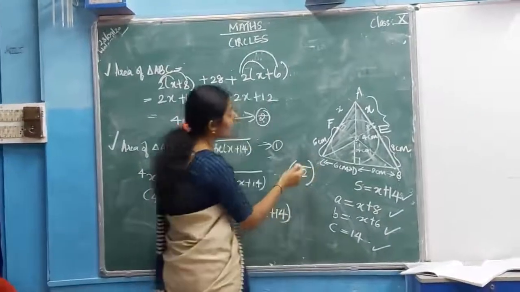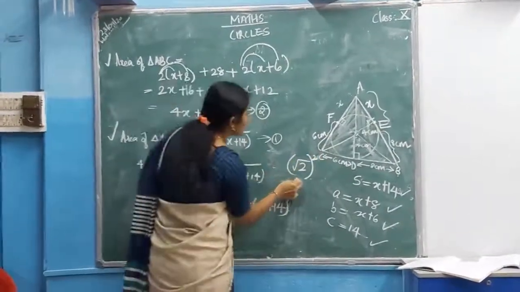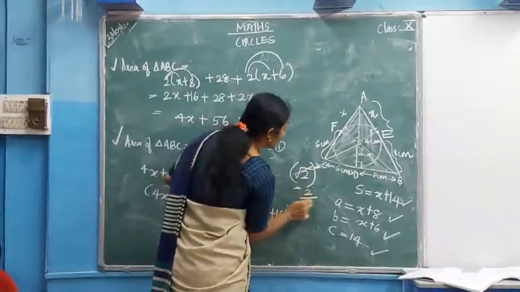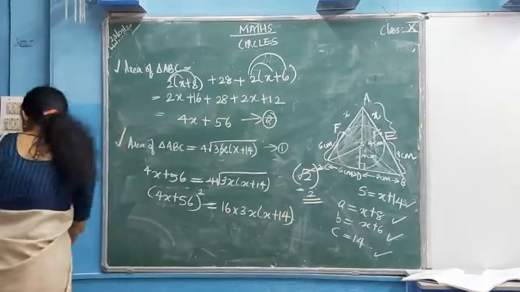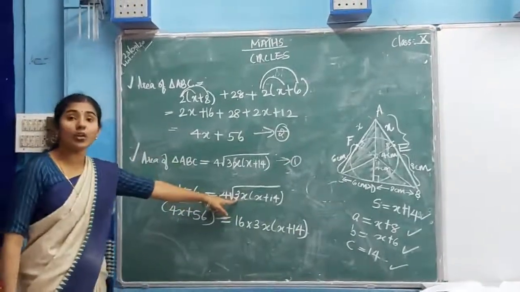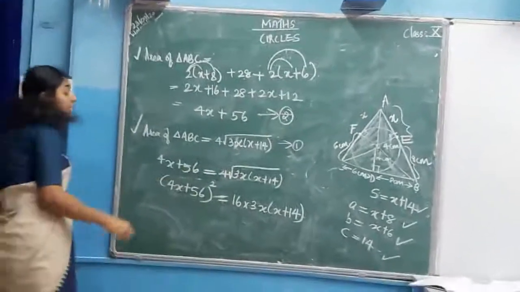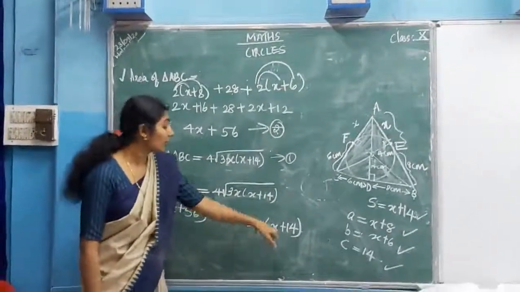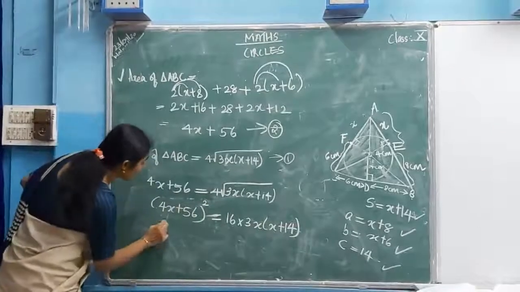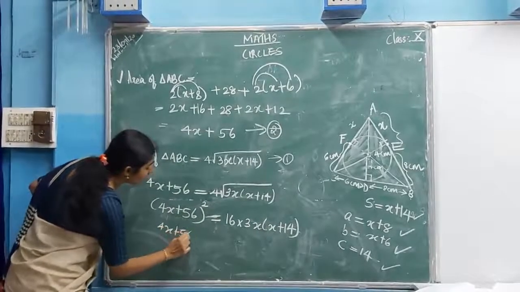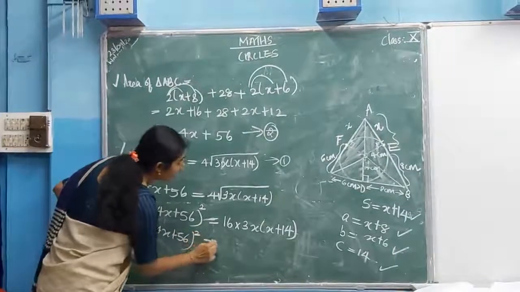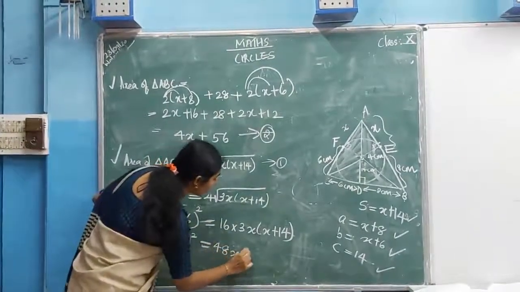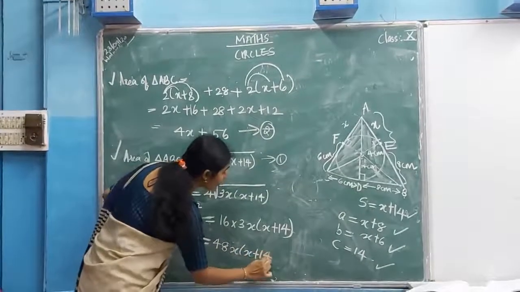Same like that, in the square of this square root, square and square root you should cancel. So what is remaining? 3x into (x plus 14). Now again when you are rearranging, 16 times 3 is 48. 48x into (x plus 14).